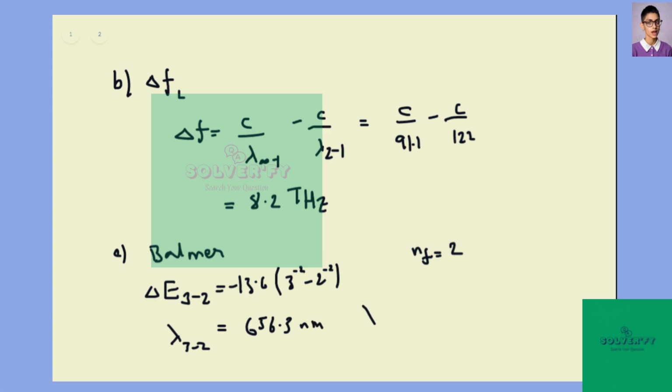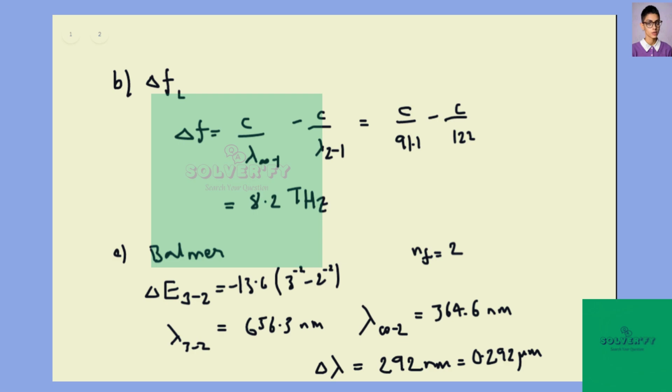And the shortest wavelength in this case would correspond similarly to infinity to the second state, and that's given as 364.6 nanometers. So now we have a wavelength range delta lambda equal to 656.3 subtracted by 364.6, which is roughly 292 nanometers, and that's about 0.292 micrometer.